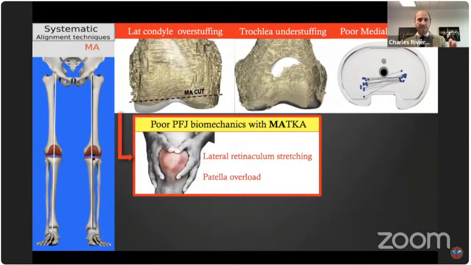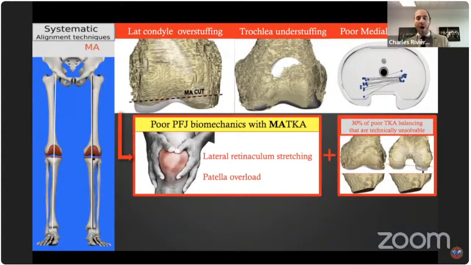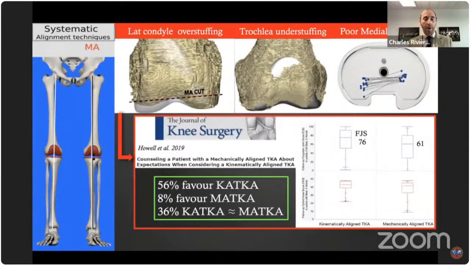So you can see there are 3 good reasons why the patellofemoral joint biomechanics is quite poor with the AMA-TKA. And that probably explains why there is so much anterior knee pain after the AMA-TKA. And if you add the difficulty of balancing AMA-TKA, then you probably understand why AMA-TKA doesn't feel that right.